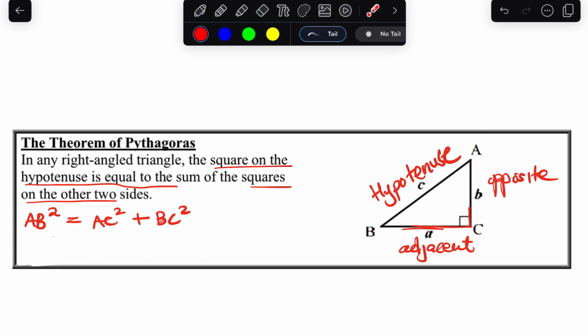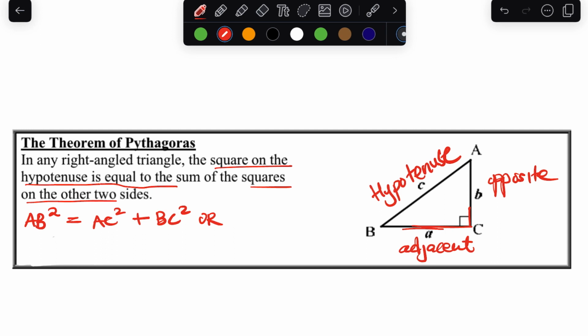Alternatively, you can use this small symbol. This side AC is b, and this side AB is c. This side BC is a. So instead of using the capital letters, you can use the small letters.